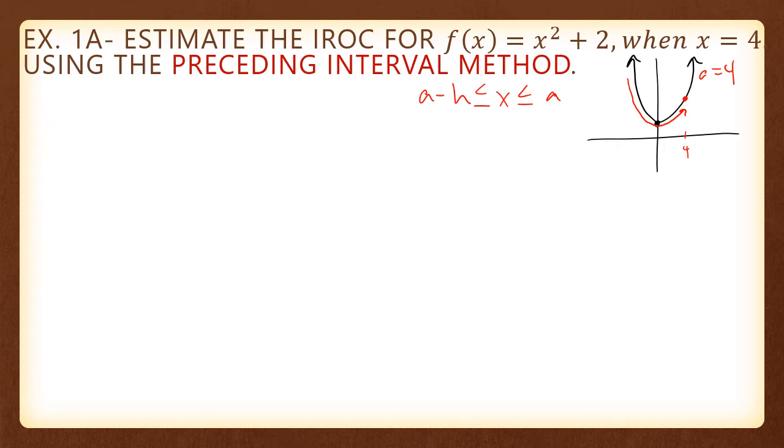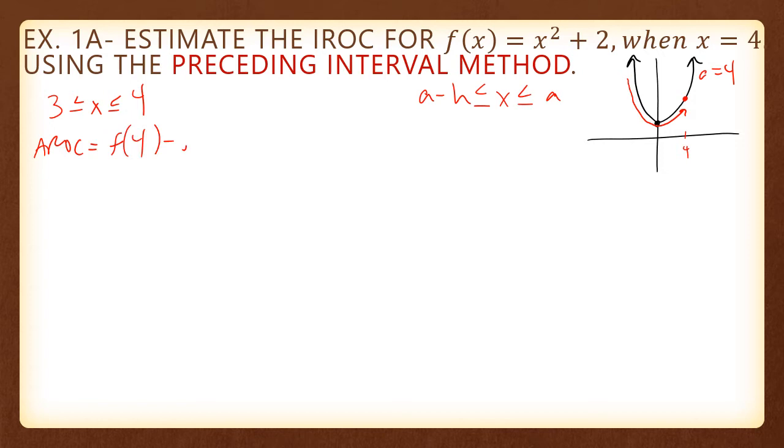And we're going to subtract a little bit away from that. So let's start with between 3 and 4. We're going to do a series of IROC calculations, a series of secant lines. But the secant line is going to get so close eventually, it's going to look like a tangent line, which only touches it once.